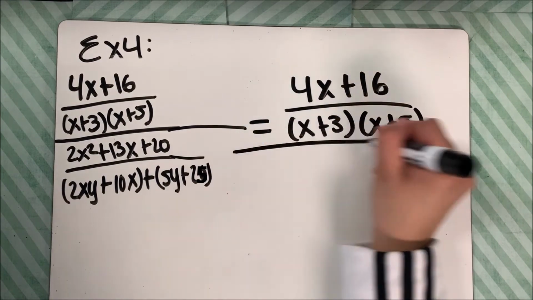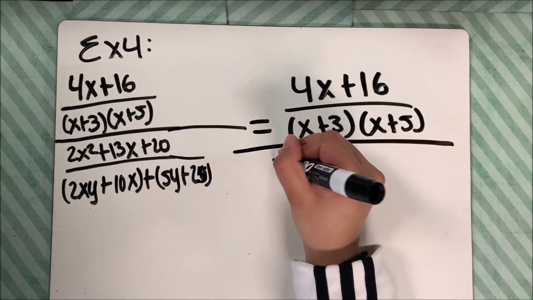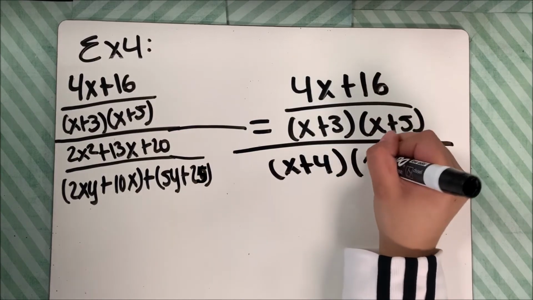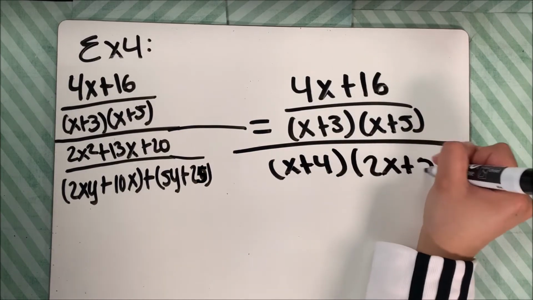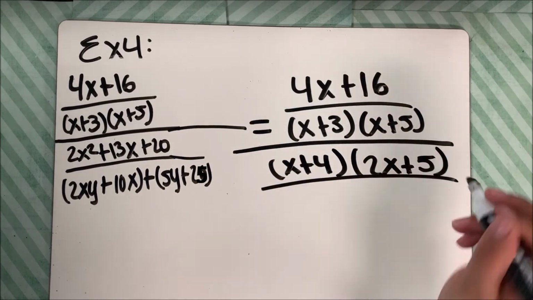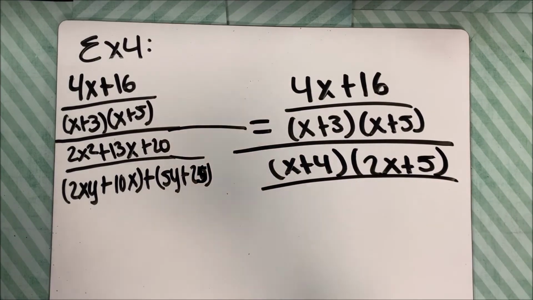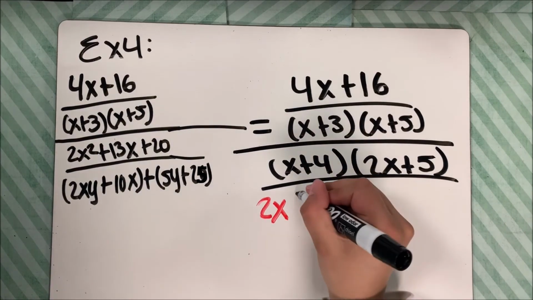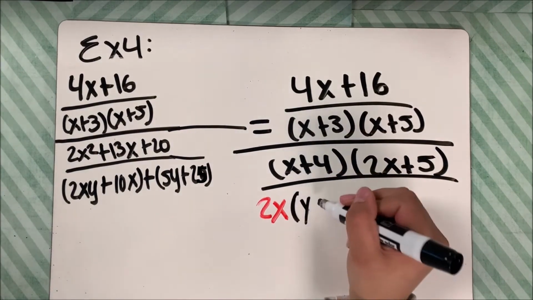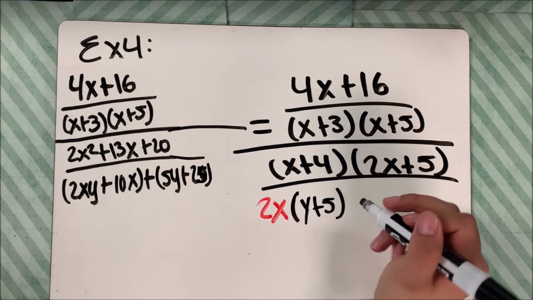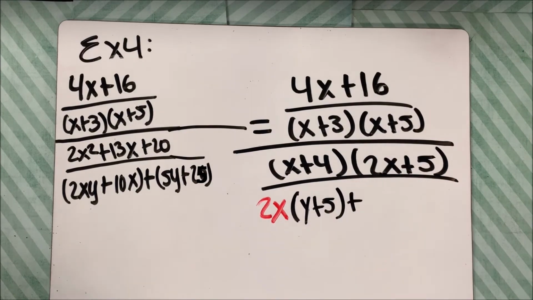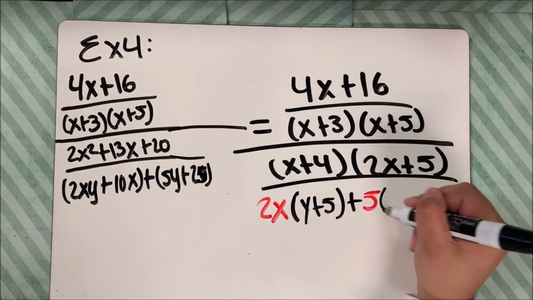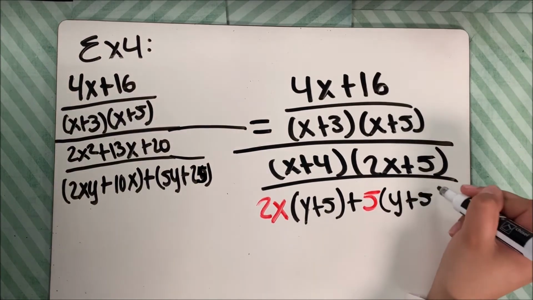After the grouping process, you must factor the lower half of the equation, and in the process you get 4x plus 16 over x plus 3 times x plus 5 all over x plus 4 times 2x plus 5, which is over 2x times y plus 5 plus 5 times y plus 5.